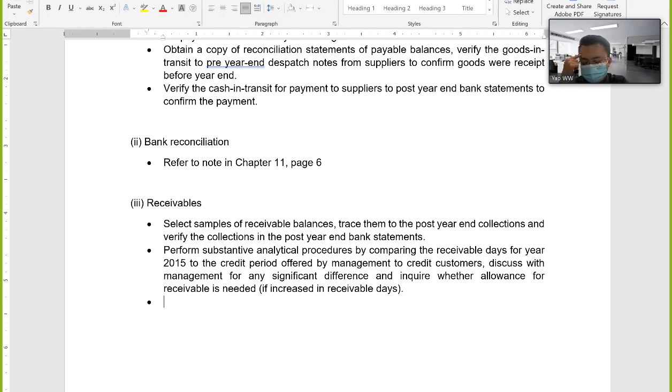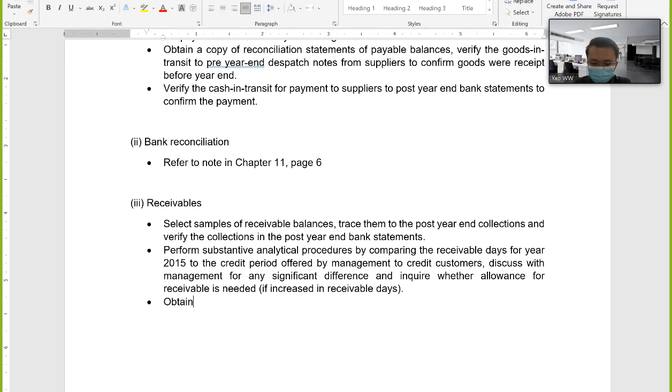Imagine that you have this aging report. Okay, auditors will have to see the aging report, because from the aging report you can find out which customers are dragged for very long and they never pay.